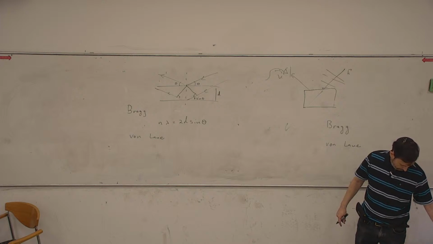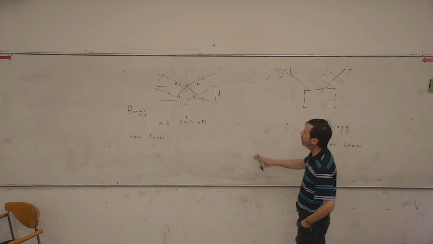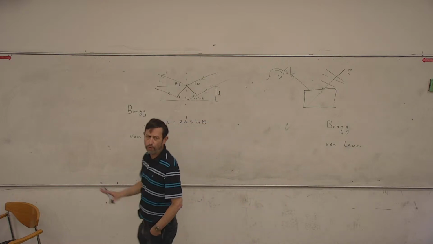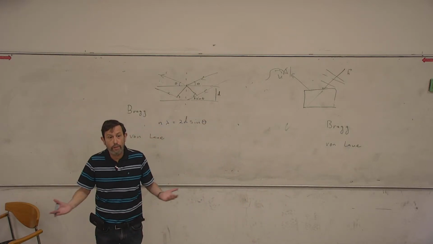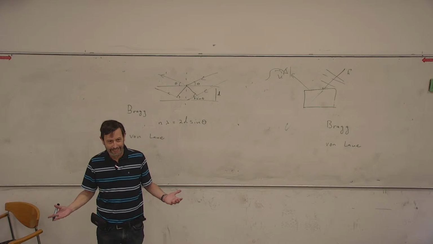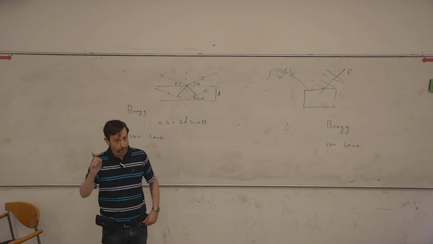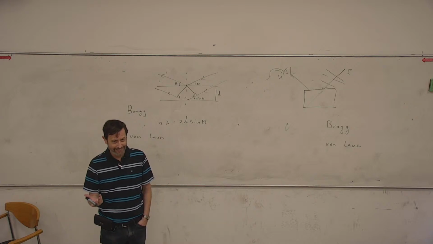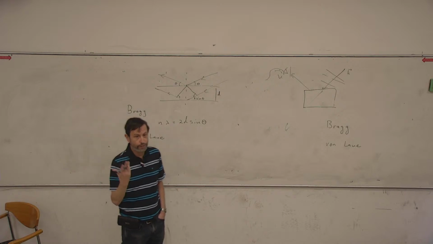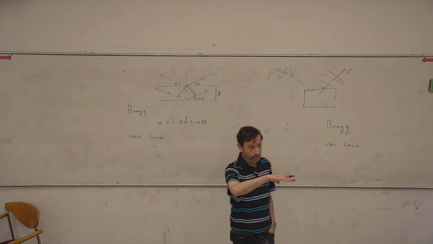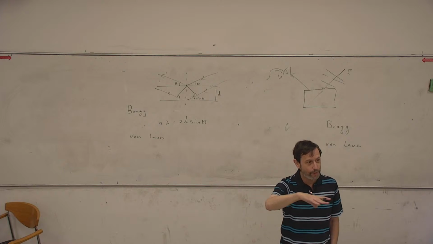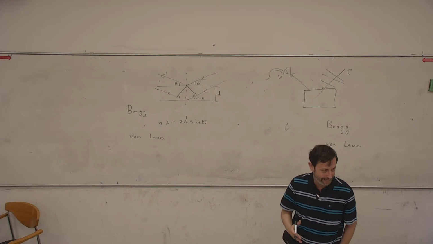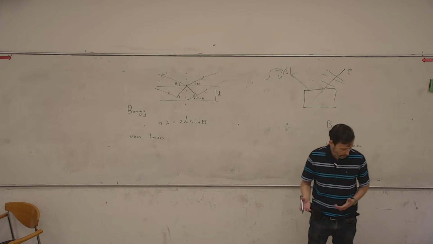Okay, von Laue forgets about planes. You don't have planes in the lattice. You have points, right? You are scattering off the atoms, not off a mirror that reflects something.